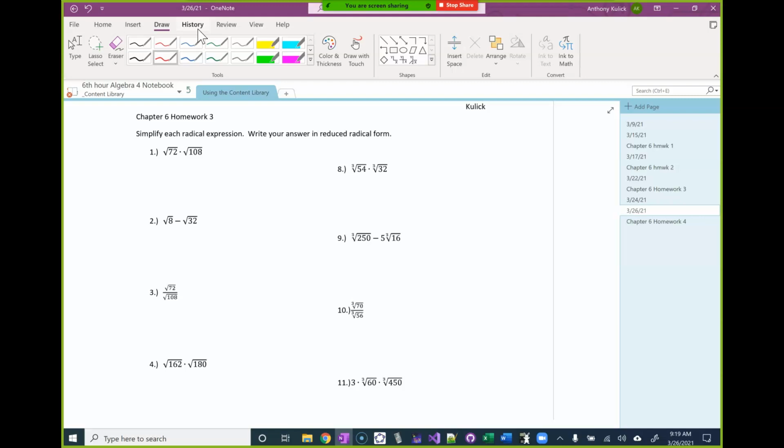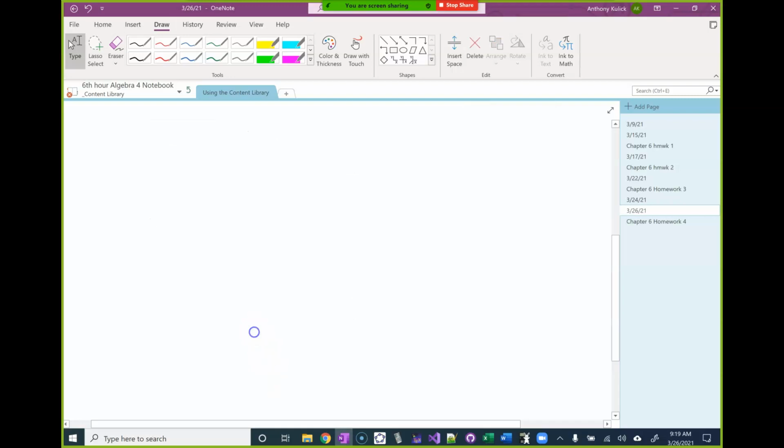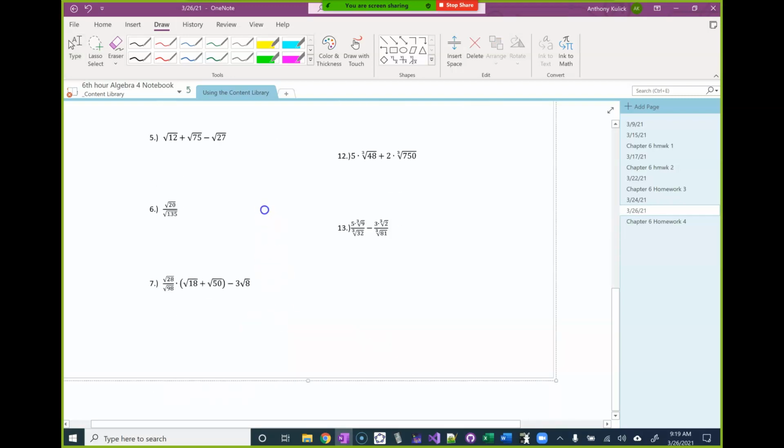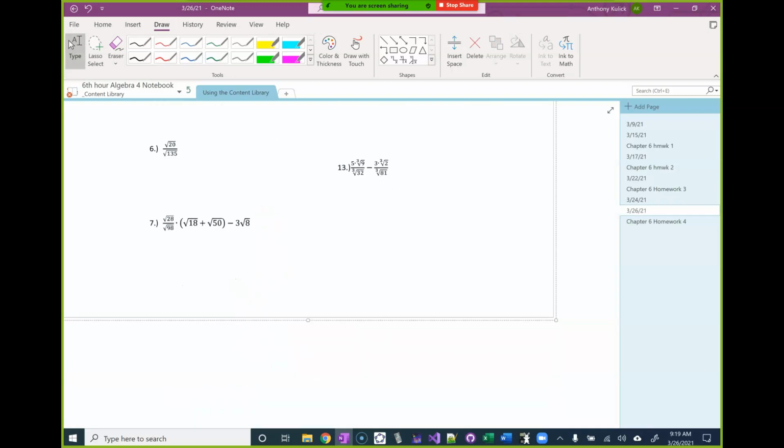Can we do number 7 on homework 3, please? Number 7? Sure. So I'm going to start just by looking at the prime factorizations here. So 24 is 2 squared times 7.